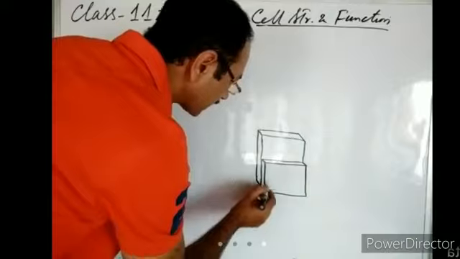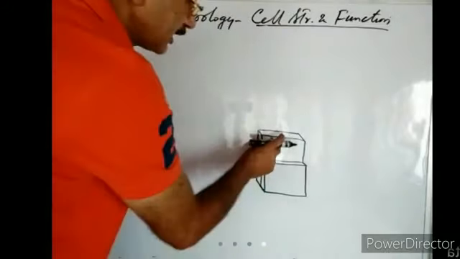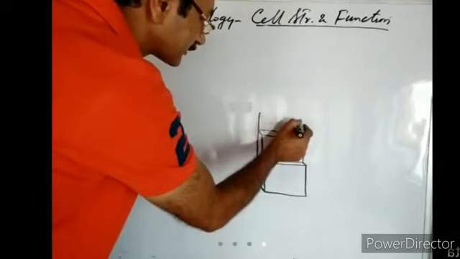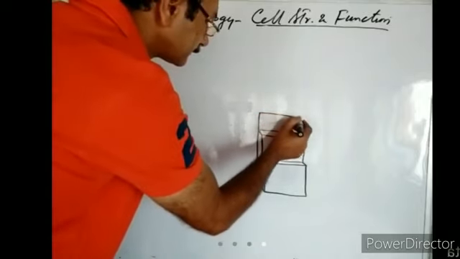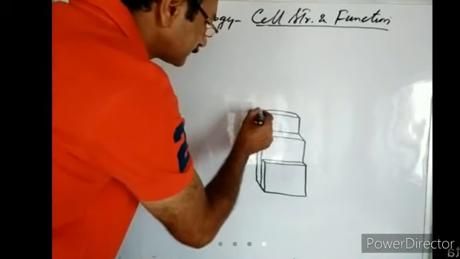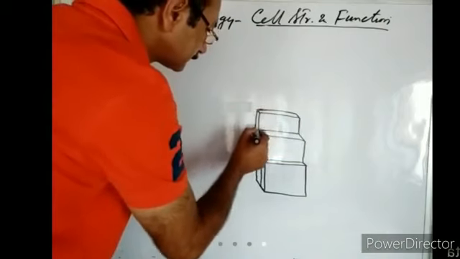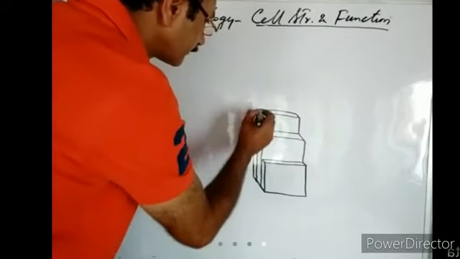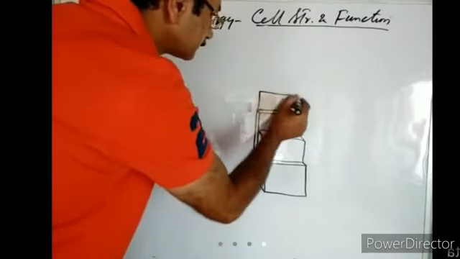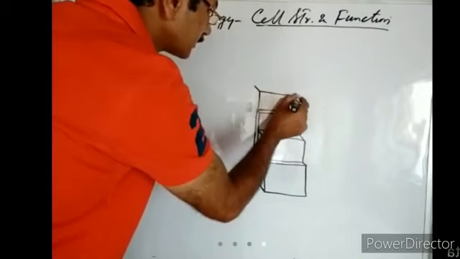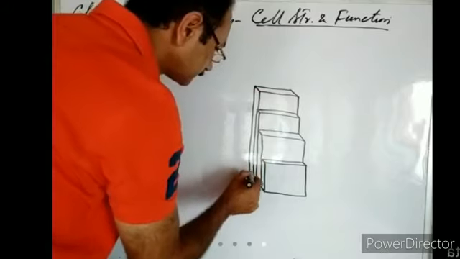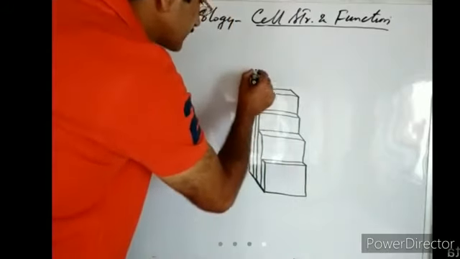This is the primary cell wall, right? Then on this primary cell wall, the secondary cell wall is laid in 3 different layers. This is S1, then this is S2, then this is S3.